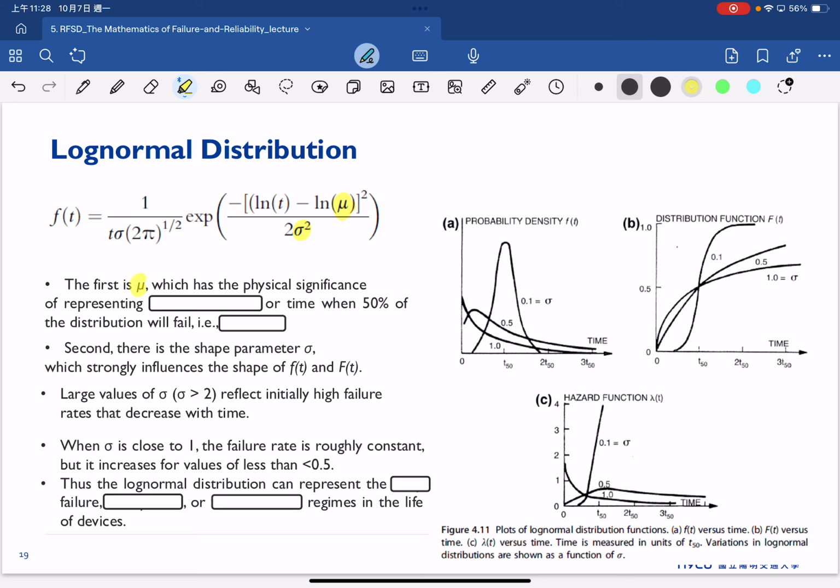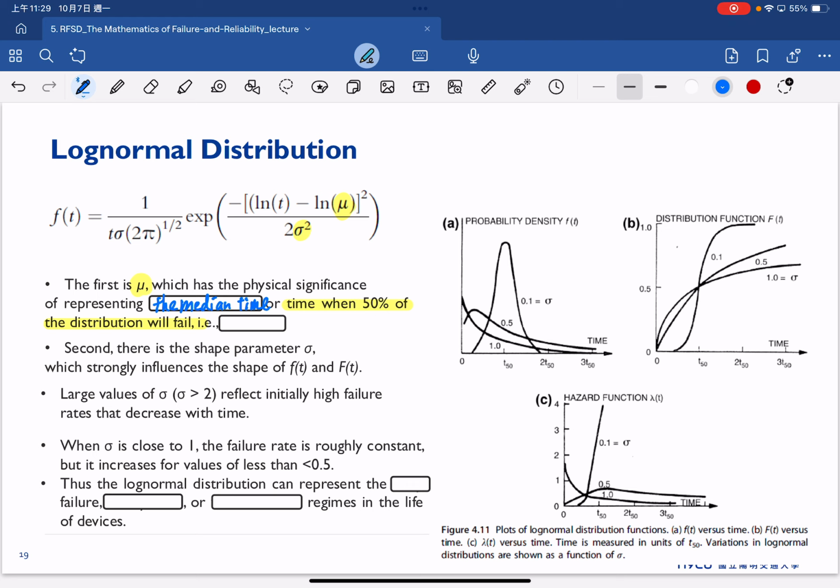The first is mu, which has a physical significance of representing the median time, or the time when 50% of the distribution will fail, which we usually call T50.